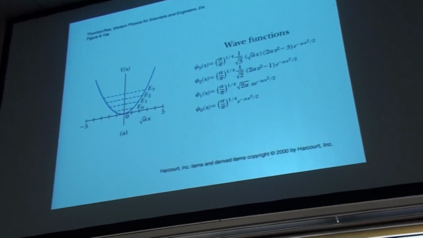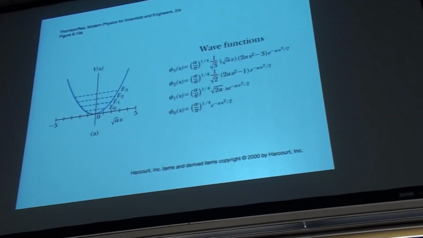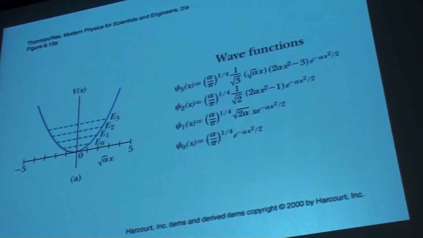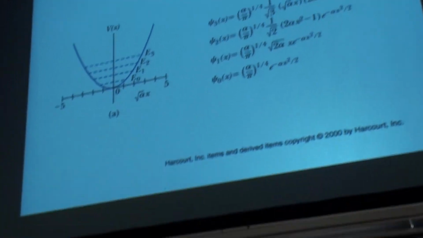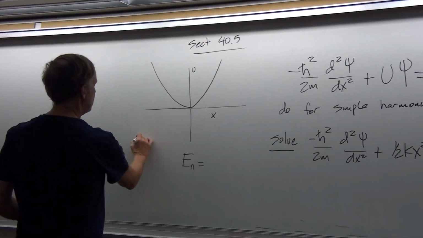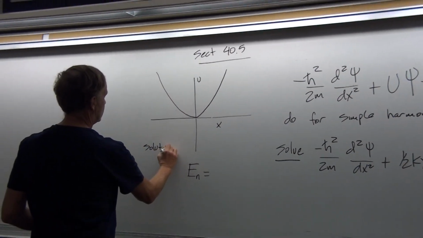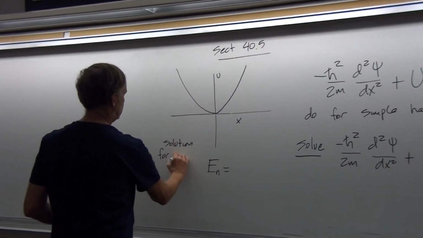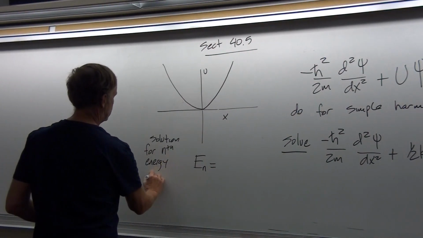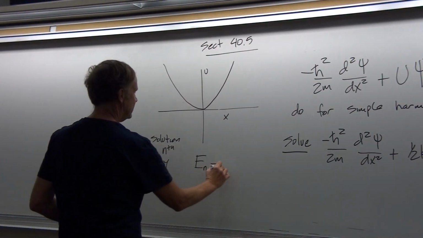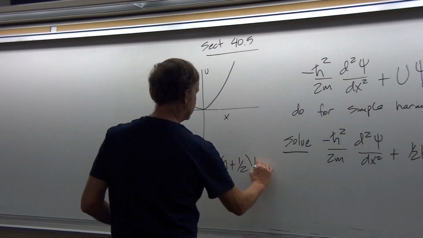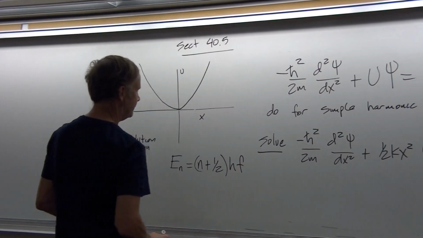You can show that the left-hand side of this equation equals the right-hand side, provided that E n, the solution for the nth energy state, is equal to n plus 1/2 times Planck's constant times the frequency.